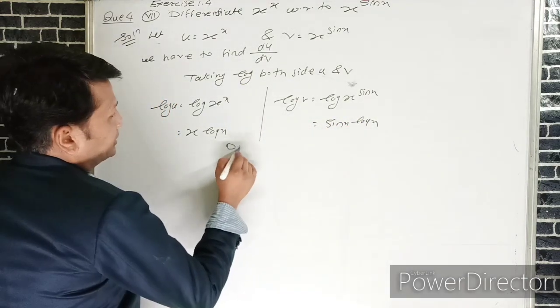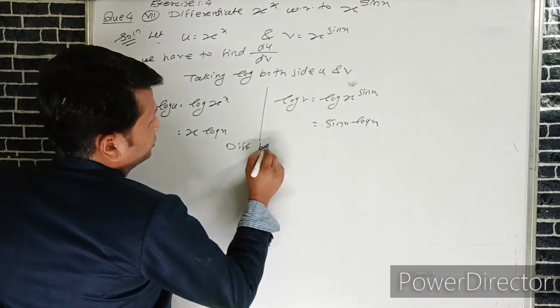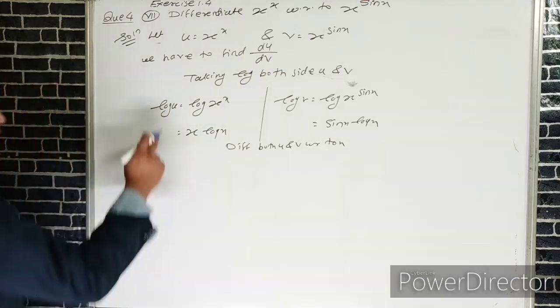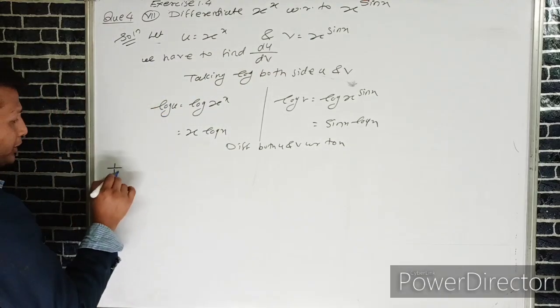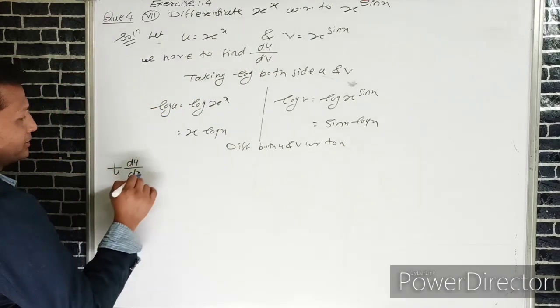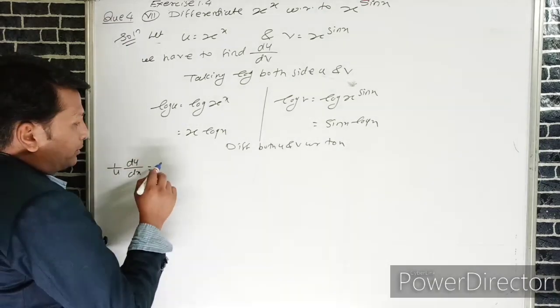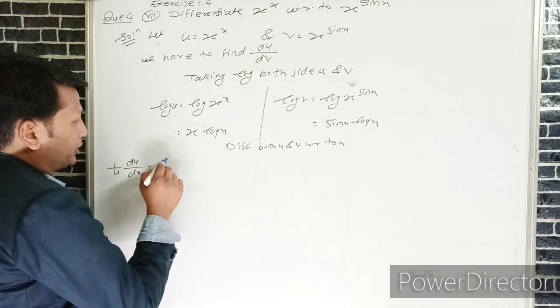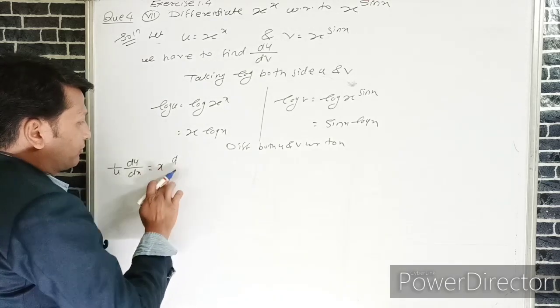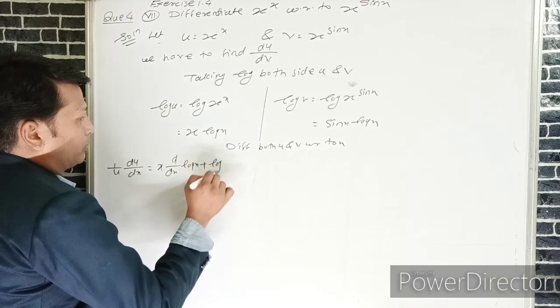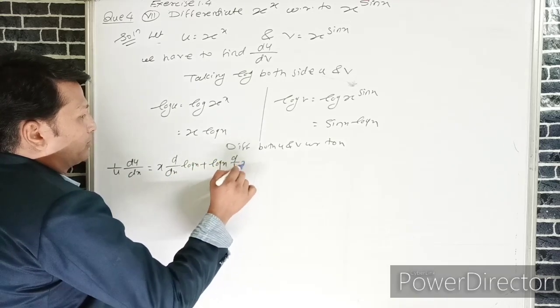If we differentiate both u and v with respect to x, then we can write the derivative of log u, which is 1 by u du upon dx, is equal to, here we apply the product rule, u into the derivative of v: x into the derivative of log x plus log x into the derivative of x.